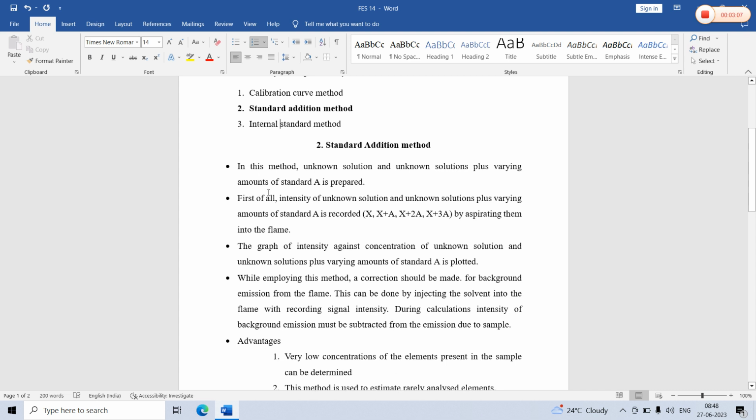The first point is that in this method, unknown solution and unknown solution plus varying amounts of standard A are prepared. So a series of solutions is first prepared, in which the first is the unknown solution, and from the second onward, the same amount of unknown solution is added in the next solutions, starting from solution number 2.